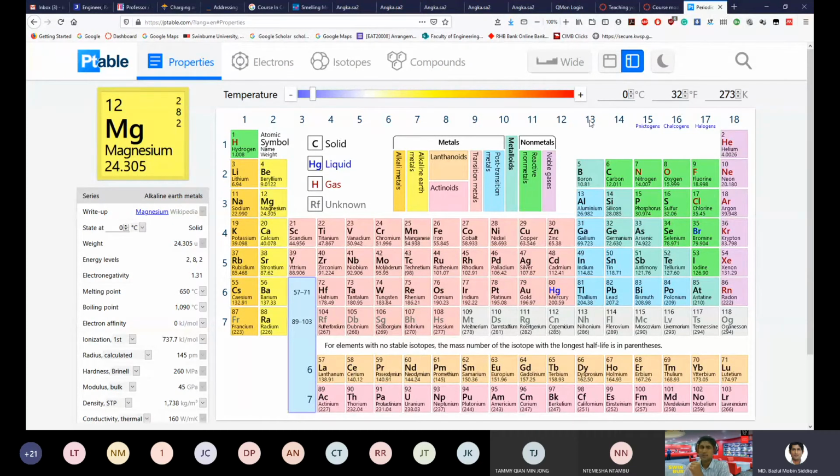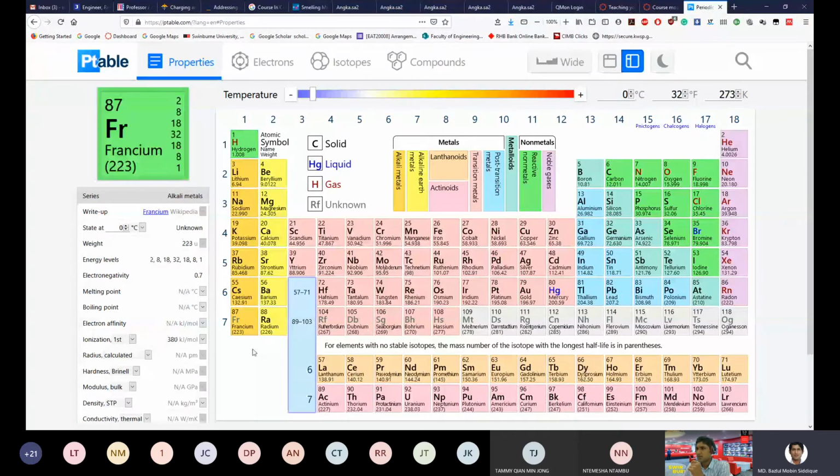In group 13, previously group 3, all of them have 3 positive charge. Then 14 have 4, and so on, 5, 6, 7, and neon is a noble gas, so it does not carry any charge, right?